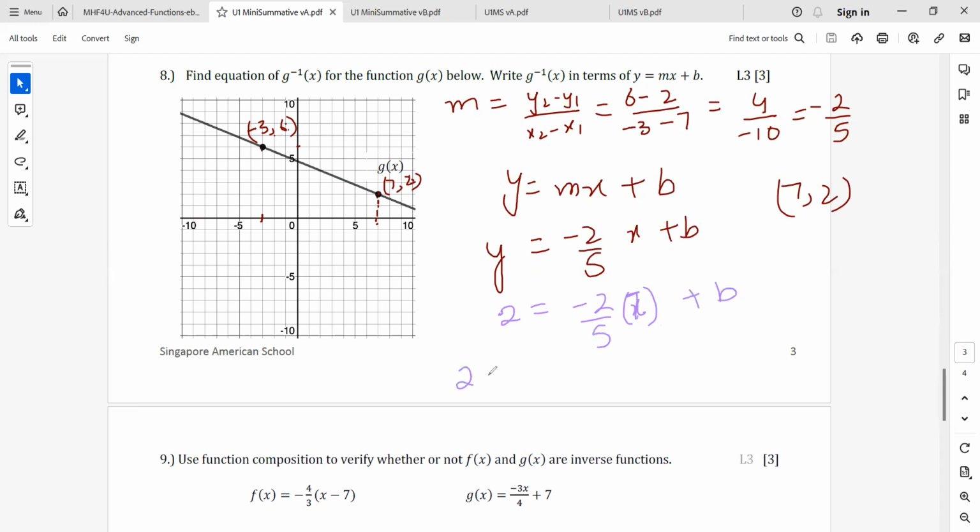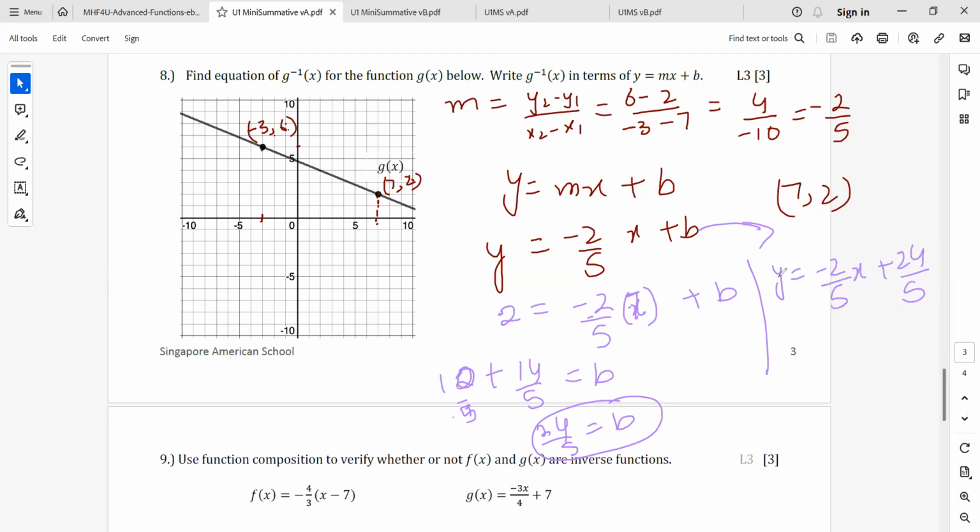So it's going to be 2 plus 14/5, which is equal to b, so b is 24/5. So in the equation we get -2/5 x plus 24/5.